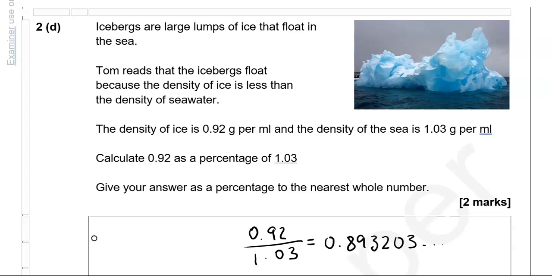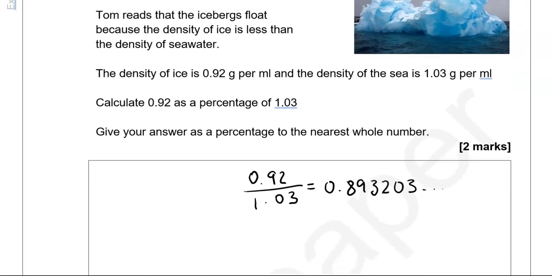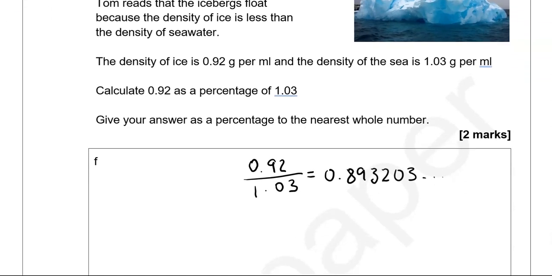Now we've got to write this as a percentage, which means moving the decimal point 2 places to the right, a bit like the pennies in the pound. So this would be 80.